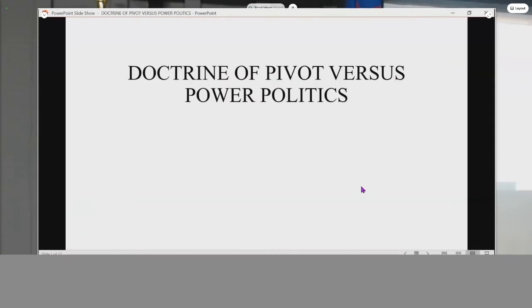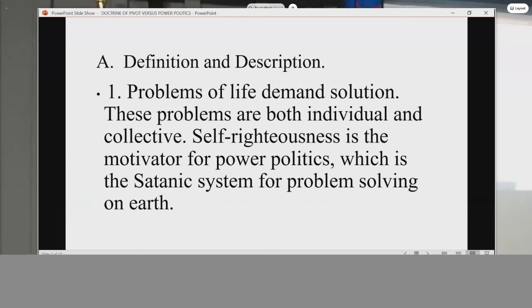The doctrine of pivot versus power politics. Let's have a definition and description just to start off with. The problems of life demand a solution. These problems are both individual and collective.